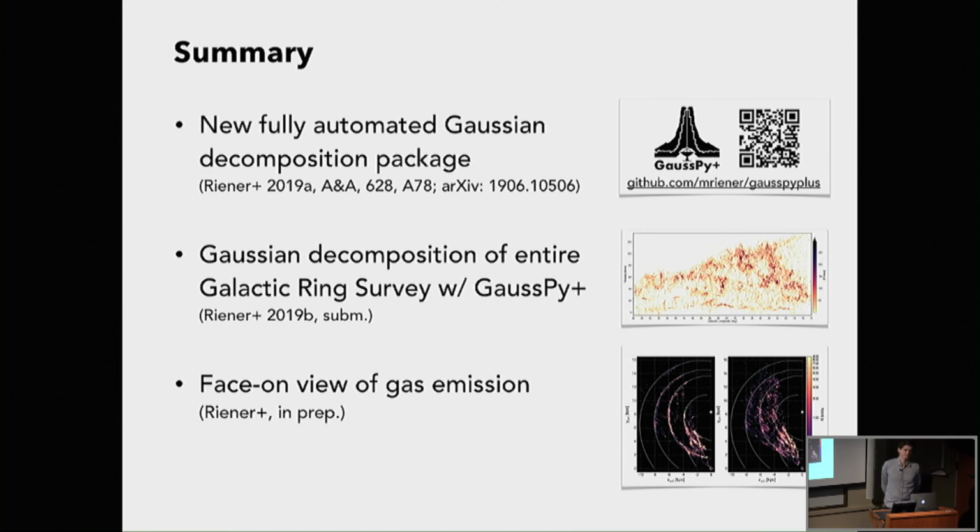I just wanted to ask a little bit about the decomposition package. Those results look phenomenal. We also had Scouse, and then I know there's a convolutional neural network code that also does some decomposition. Is GaussPy+ the thing now? I'd say it entirely depends. With GaussPy+, we had a heavy focus on big emission line surveys.